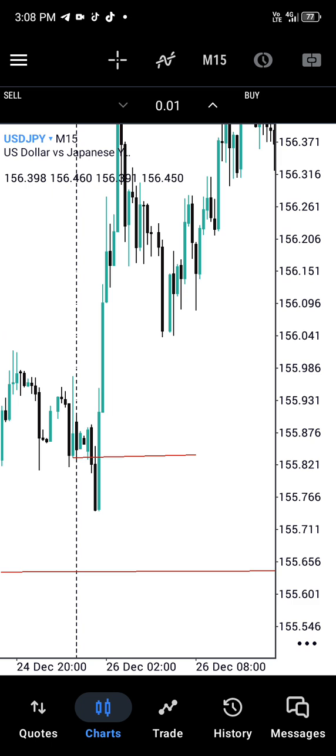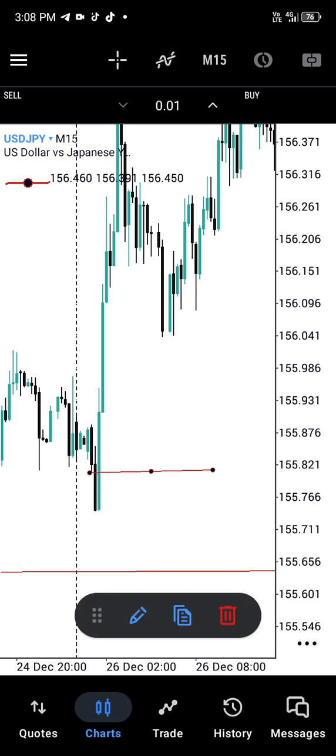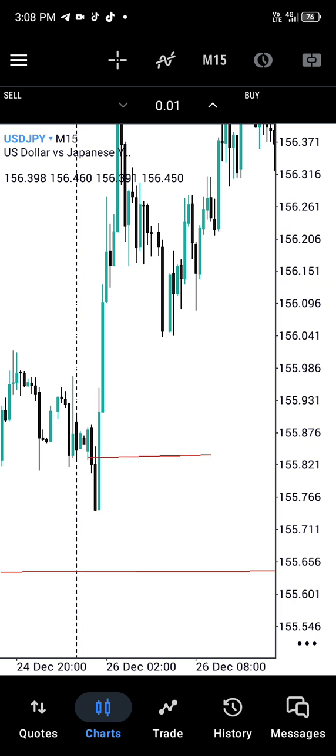Now we move to the latest formed candle. We assume the candle that formed before midnight. Now we move to the latest candle that formed, and that was this one before price closed below it. That formed the lower time frame data block.